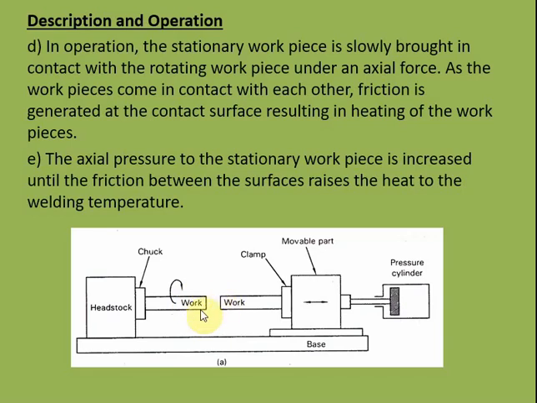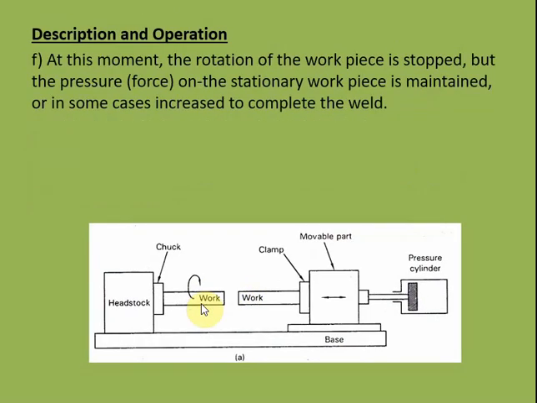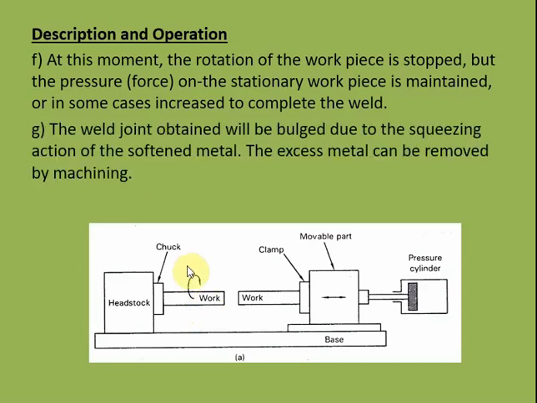It won't dissipate so soon, so it will be held under pressure. Since the interface is melted and already under pressure, the required coalescence will occur. And since we are joining under axial pressure, the interface or weld zone has some bulge towards the outside.